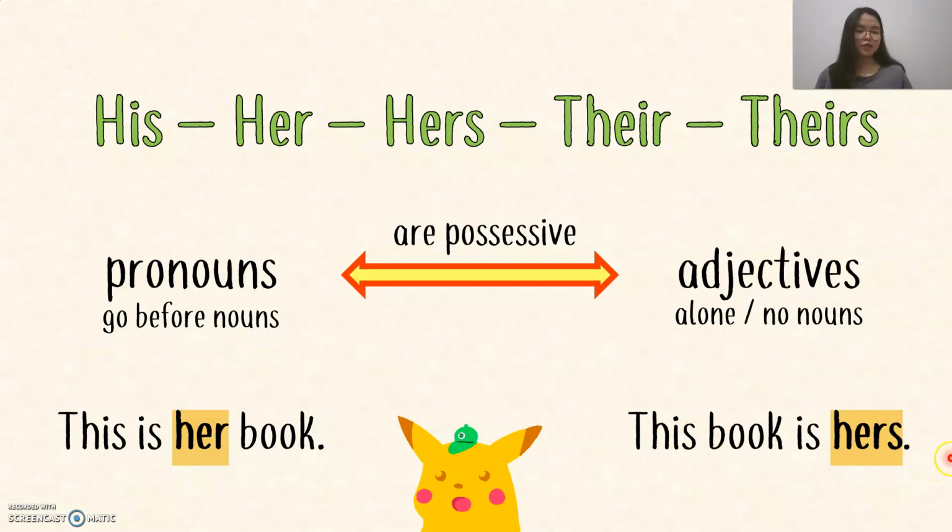No nouns after it, right? You can see the difference between her and hers. If there is no noun after it, we put another s after the pronoun her. So it's hers, like that. Except for the word his, because it already ends with s, so we don't need to double it again.